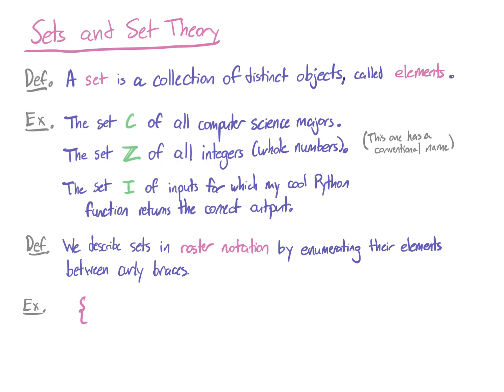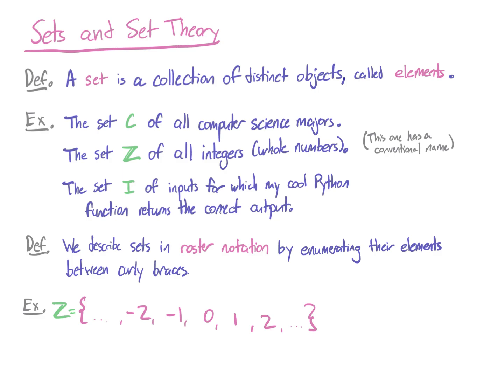And I'm going to write some elements of the set of all integers Z. So this is my set Z here. Some elements of this set are things like -2, -1, 0, 1, and 2. And I'm going to put little dots here to indicate that this set continues indefinitely.